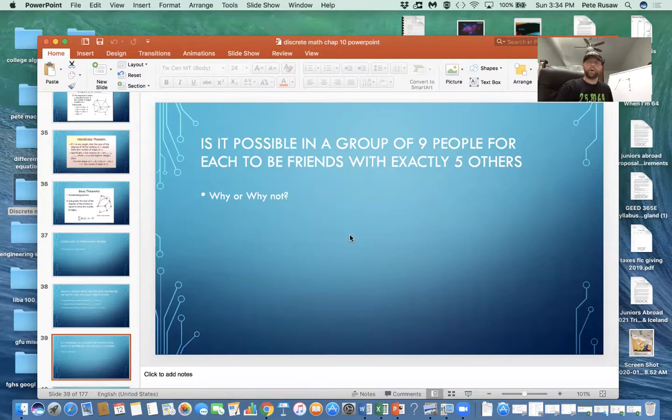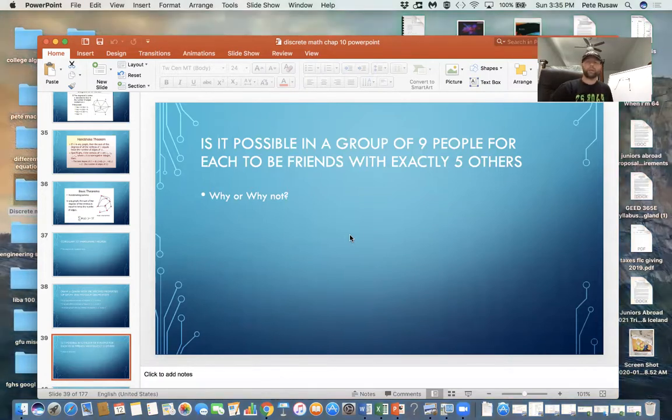And every time you draw an edge from one friend to another, you'd need to draw 5 lines into each vertex, and that would represent exactly 5 friends. But if you think about that, then the degree of that graph would be 9 times 5, which is 45, and that's not possible. So you could try and try, but sometimes it takes a theorem, like the handshake theorem, to tell you this is not possible. So you'll see that in the homework.